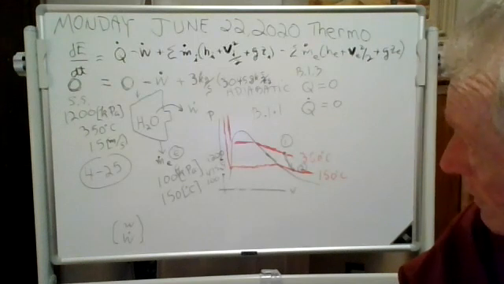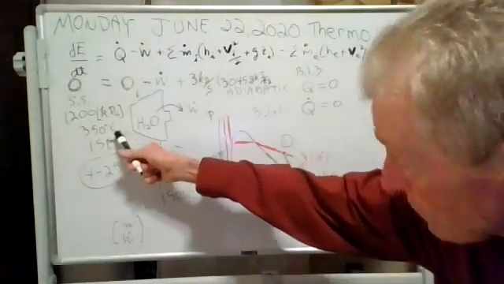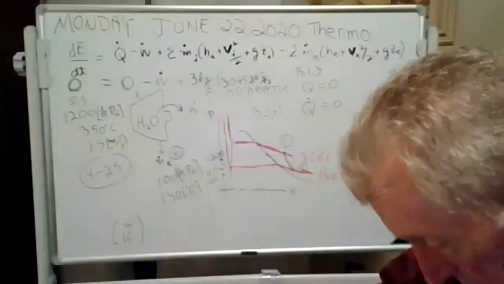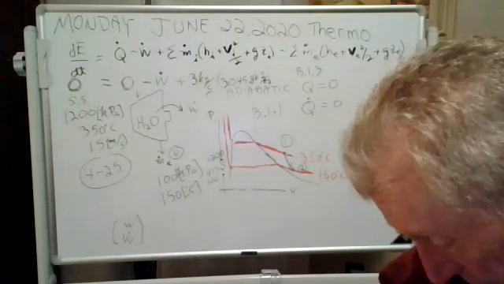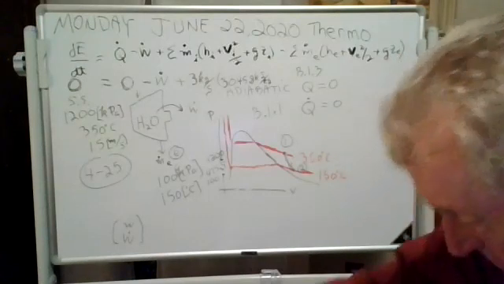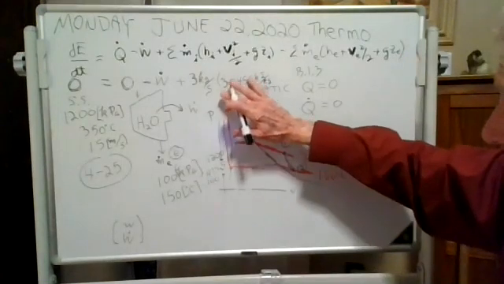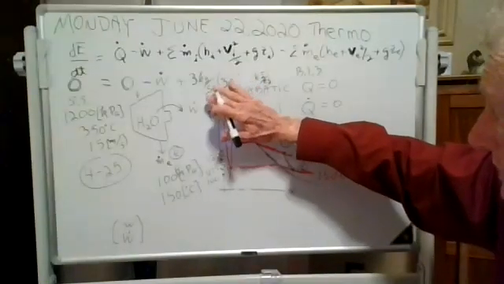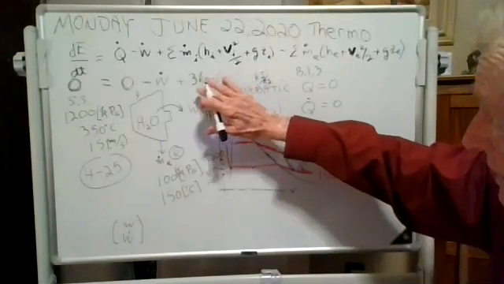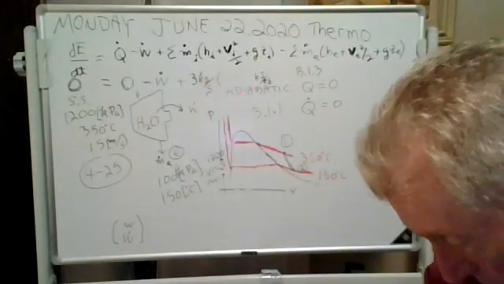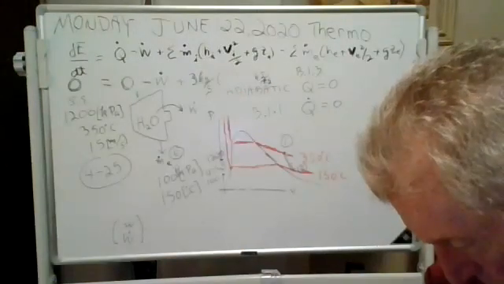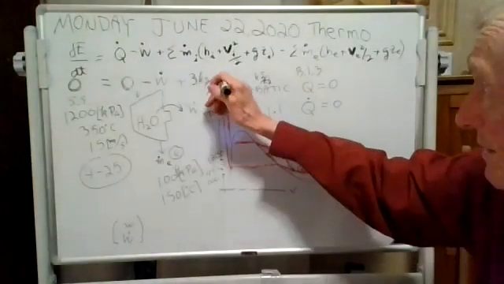1200 kilopascals, 350 C. Can you find it? Uh-oh. I got the wrong number, didn't I? Okay, well, let me put the right number in there. That's why you're probably having trouble. It's 3153.59.